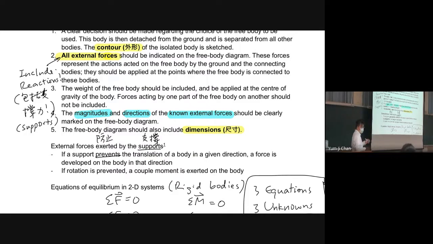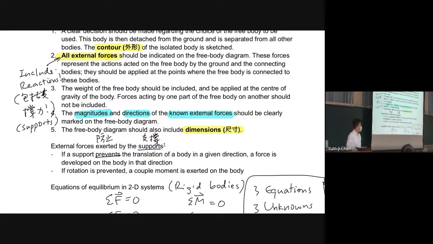For example, when I put my cup on the desk, it cannot go downwards, right? So we have a reaction force going up. If I put it on my hand, it cannot go down, so my hand has a force going up supporting the cup, right? So that is the first thing.